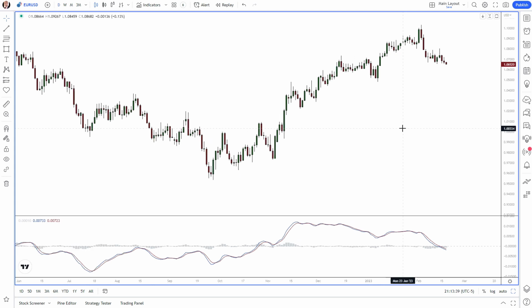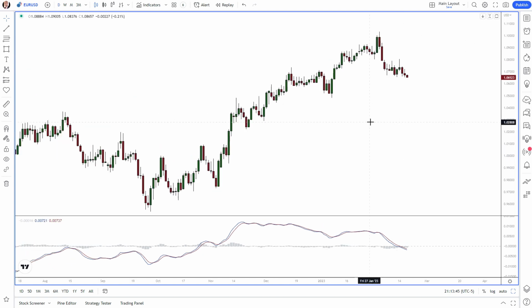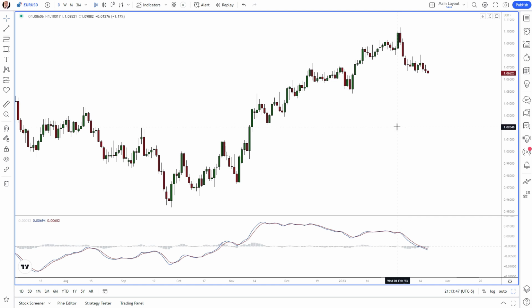If there's no divergence or something is not clear, you just don't take the trade. Now, if you're looking for very high probability trades, the MACD will give you that. It's not going to give you a trading signal all the time. Being patient in the market is extremely crucial to your trading success.